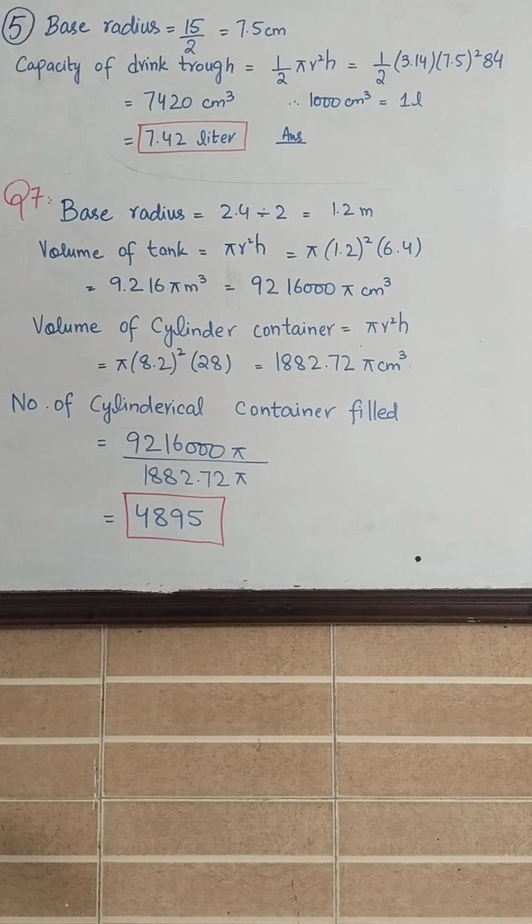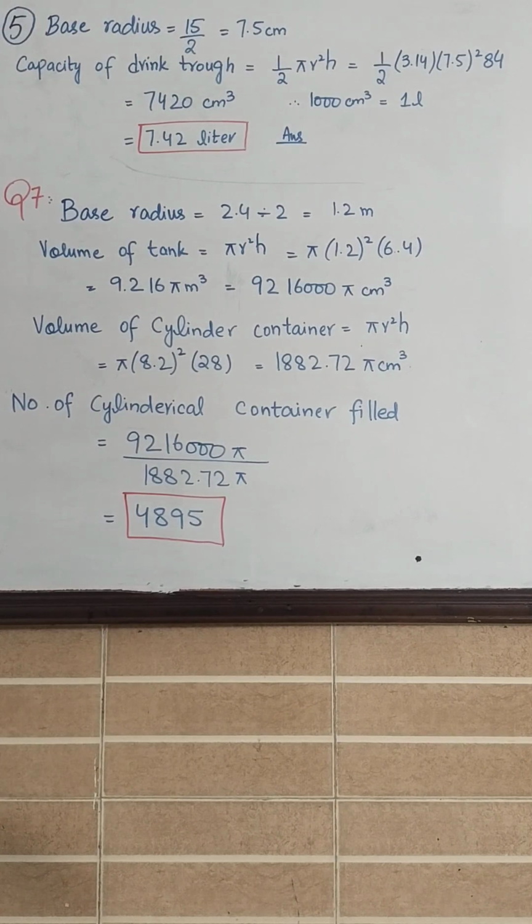The radius is 8.2 centimeter and the height is 28 centimeter. Now let's start. First of all, you will find the base radius of the tank. You know the diameter, so divide the diameter by 2 and you will get the radius, which is 1.2 meter.